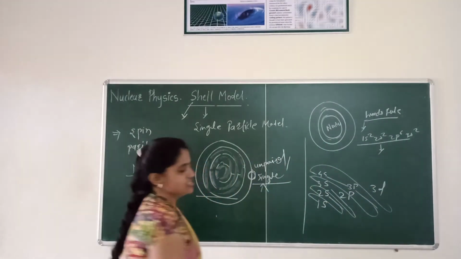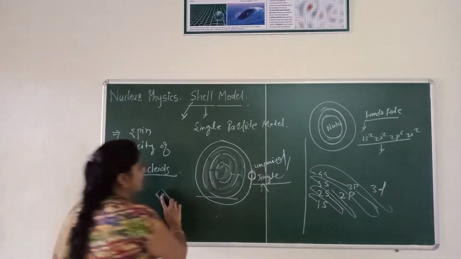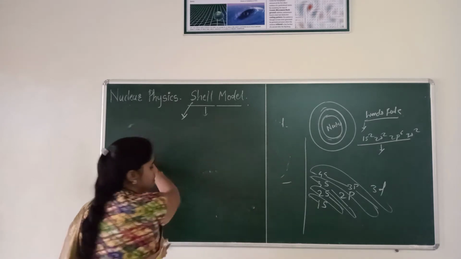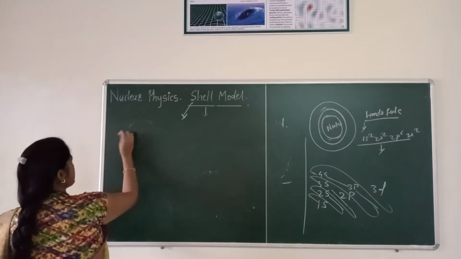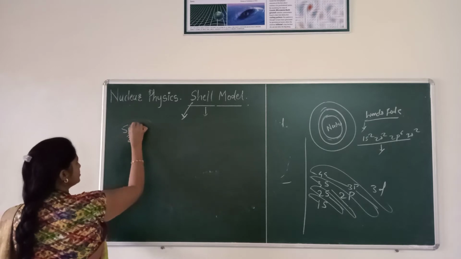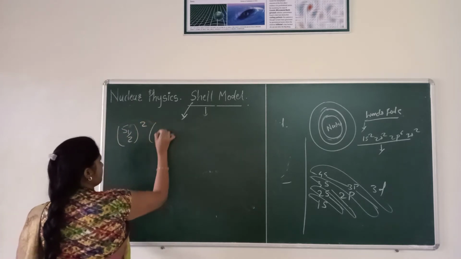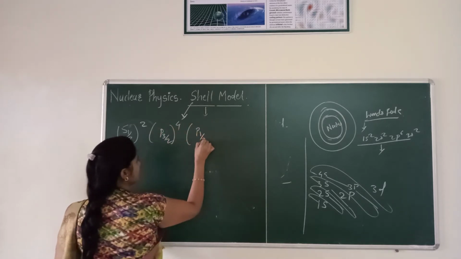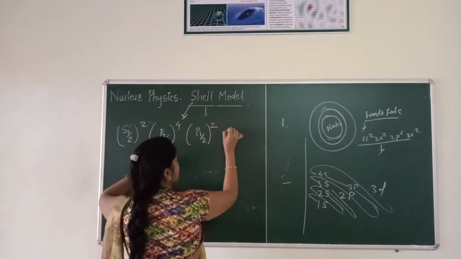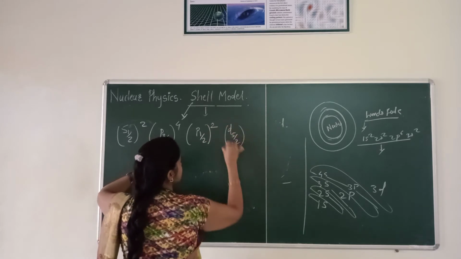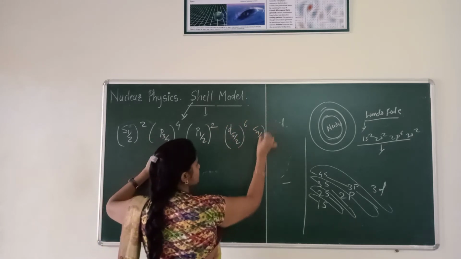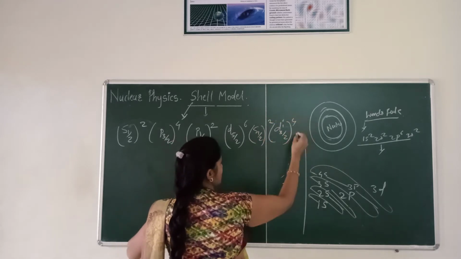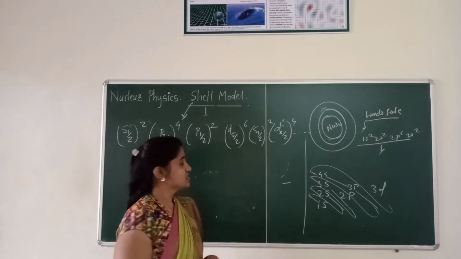Now, for writing the nuclear configuration in the nucleus, we have a sequence like this: S1/2, P3/2, P1/2, D5/2, S1/2, D3/2, and many more terms.